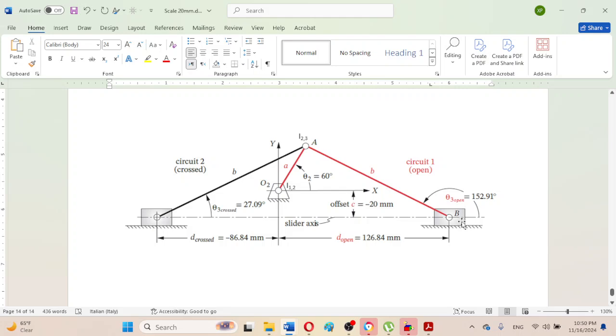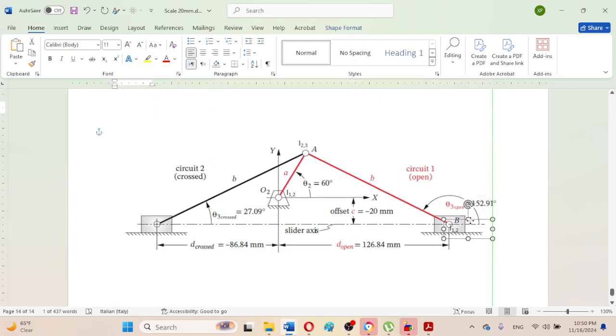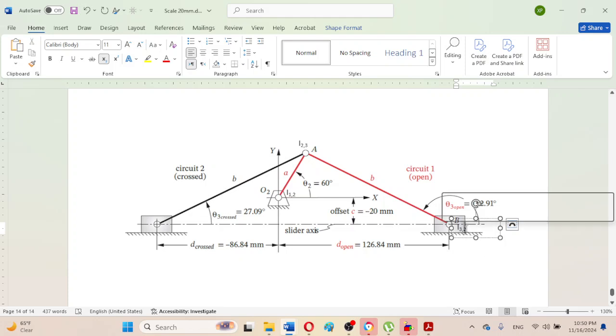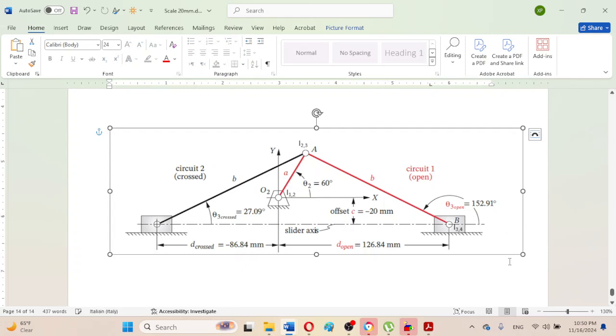This is link number 4 and this is link number 3. So label its instant center: this is link number 3 and this is link number 4. The pin at B is the instant center 3, 4, because the slider is link number 4 and this connecting rod is link number 3.